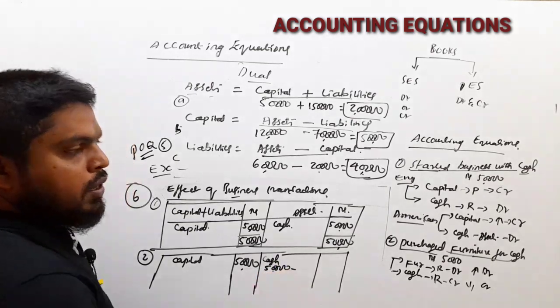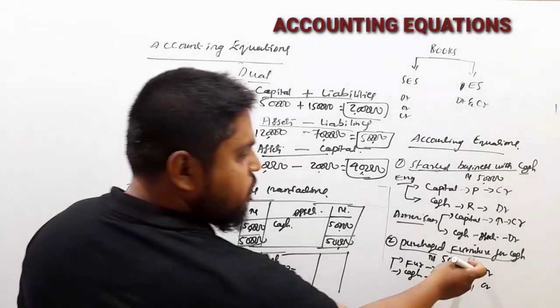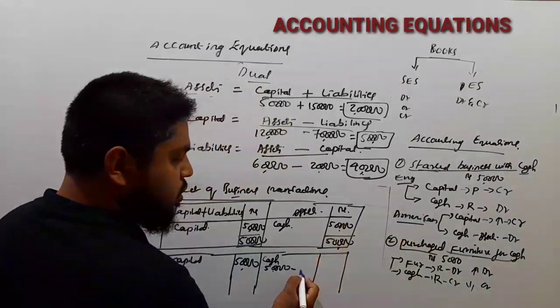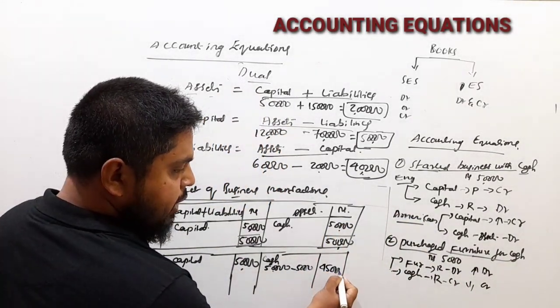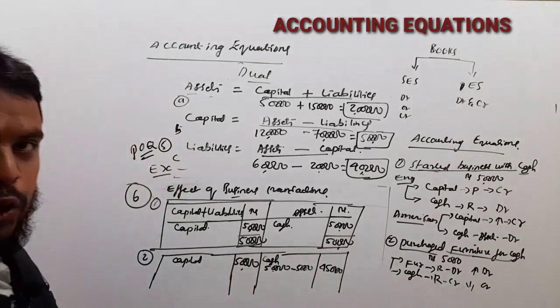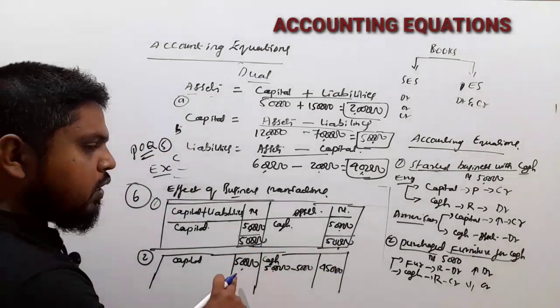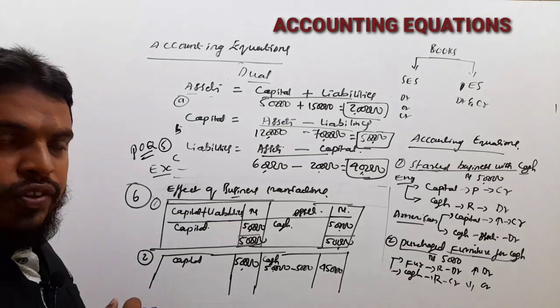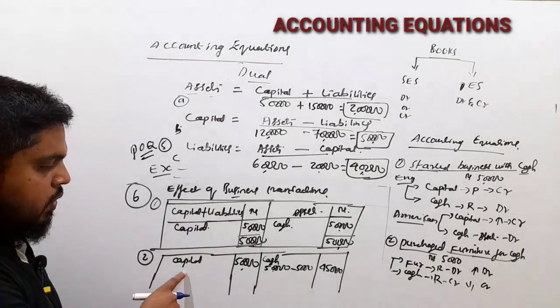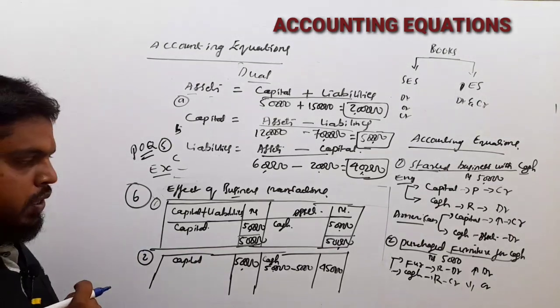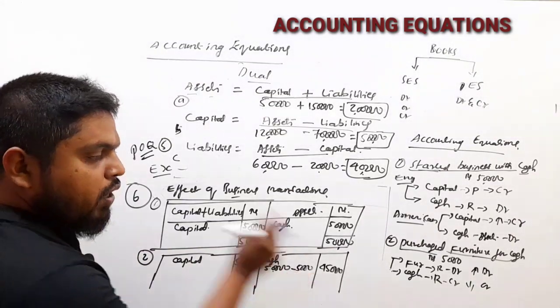In that, the business has purchased the furniture, that value is 5,000. Now remaining cash is 45,000. So here 5,000, we can say is the difference. See, on the liabilities side capital is 50,000 and assets 45,000.